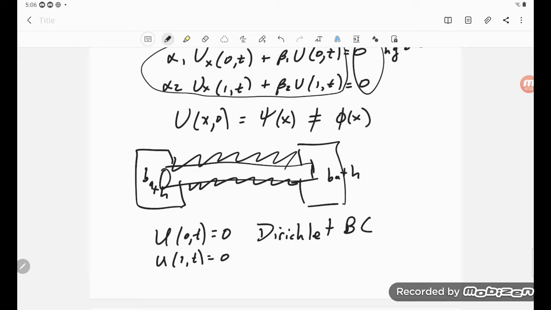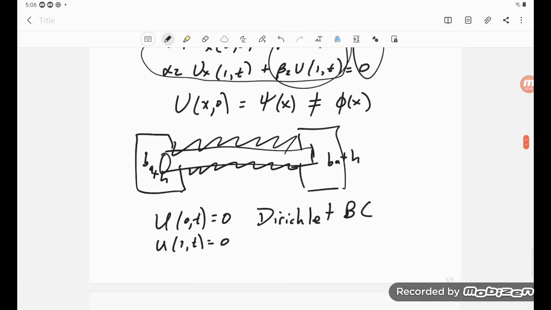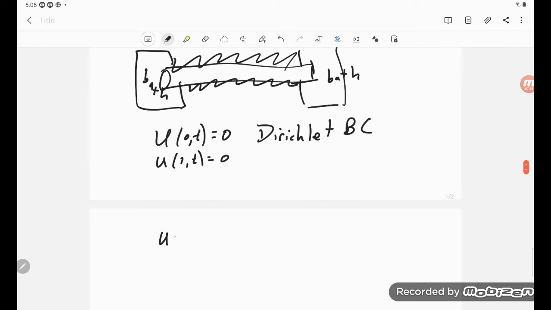These are Dirichlet boundary conditions. So that would be the case where we just have those pieces, the betas. Of course, once we just have beta times that, divide both sides by beta, beta doesn't need to be there. And then similarly, if it's the derivatives that are 0, u sub x of 0 t equals 0, u sub x of 1 t equals 0, we call these Neumann boundary conditions.